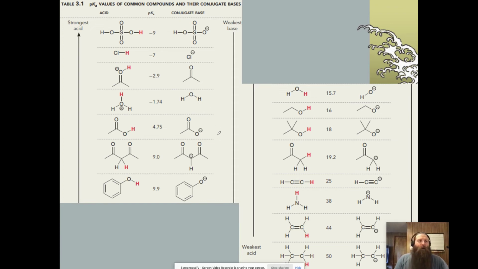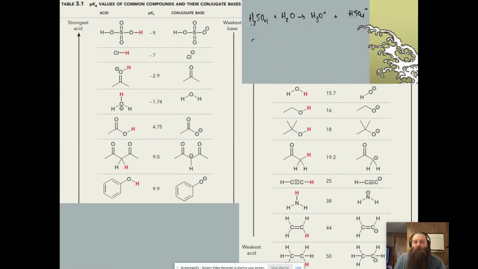And you might be saying, okay, well, what do you mean makes the weakest base? Well, remember, when you put H2SO4 into water, we're going to make H3O plus, and we're going to make HSO4, and because we're losing a hydrogen, the conjugate base, we have a minus.